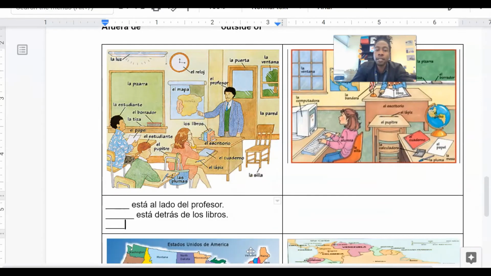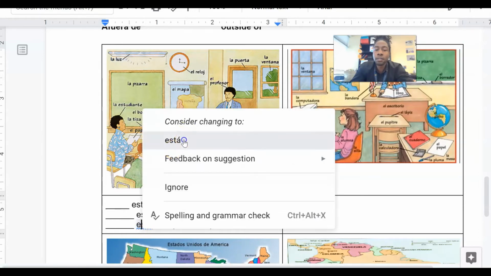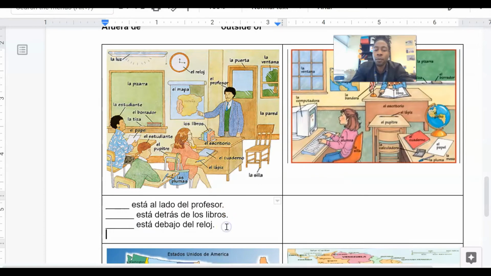I could also say that this thing is debajo, está debajo del reloj. And maybe one more so that we have a really good description. We're going to say está al lado de la pizarra.